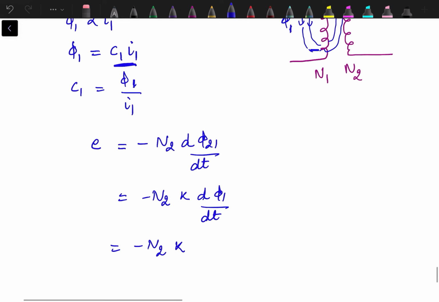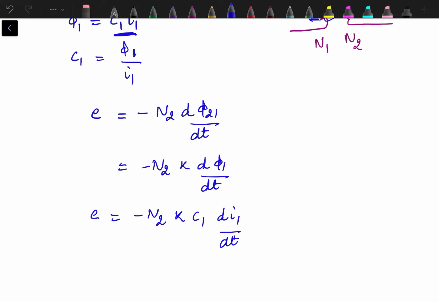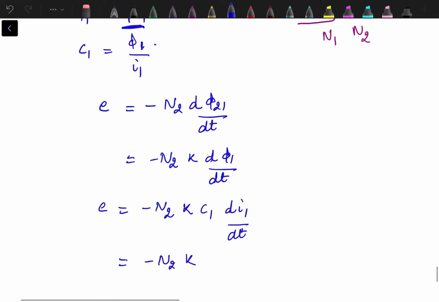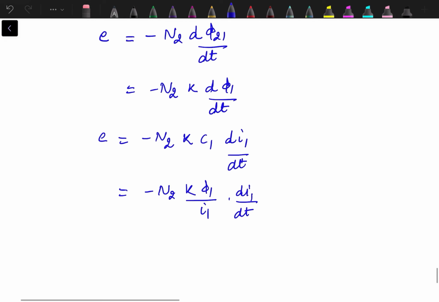So C1 will also come out of the differentiation since it's constant. So this will become minus N2 k C1 di1 by dt. Now C1 can be written as phi 1 upon I1, into di1 by dt. K into phi 1 is phi 21.